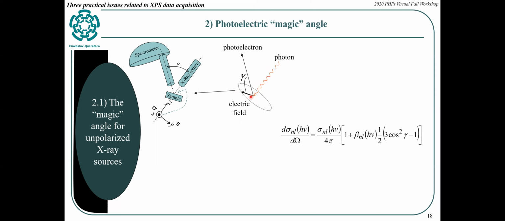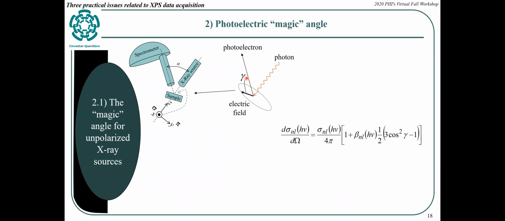And for unpolarized sources, the electric vector can lie in any direction here. So what we are interested in, for a given photon, is the angle between the photon electric field and the direction in which the electron escapes toward the spectrometer.